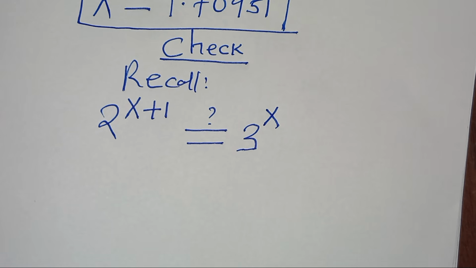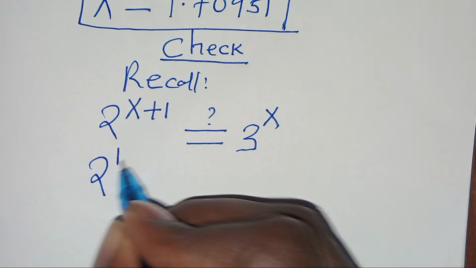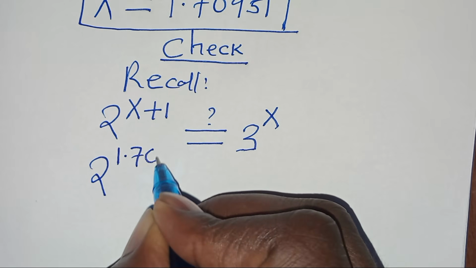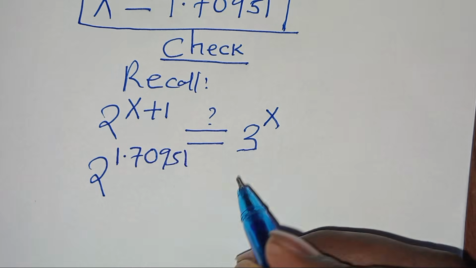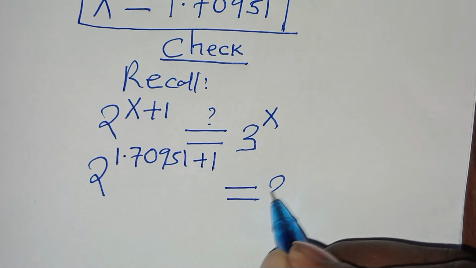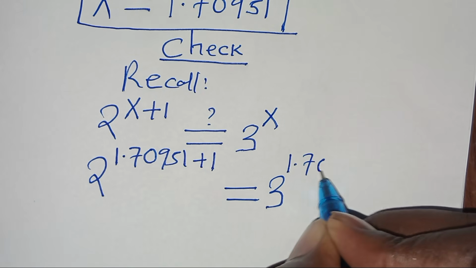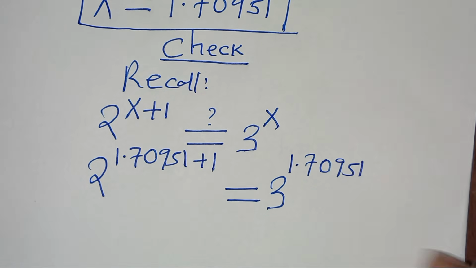So let's substitute the value of x. This means we have 2 raised to the power of 1.70951 plus 1, which is supposed to give us a value of 3 raised to the power of 1.70951.